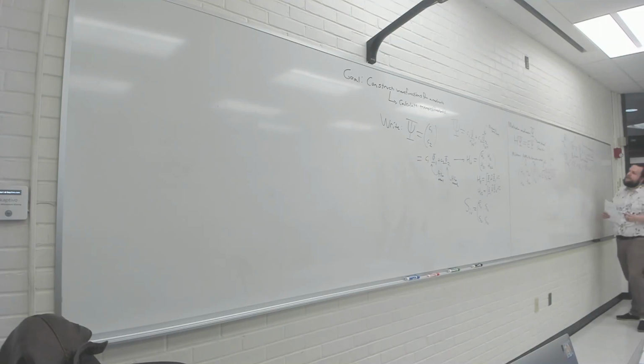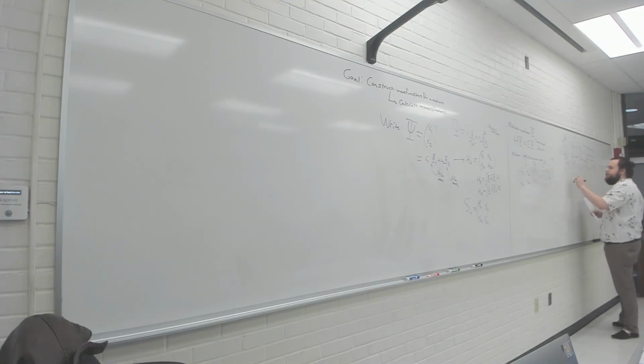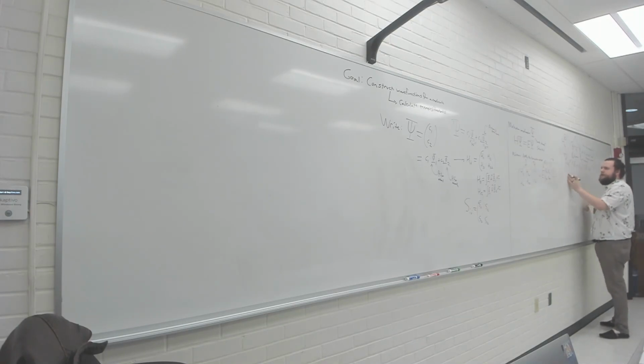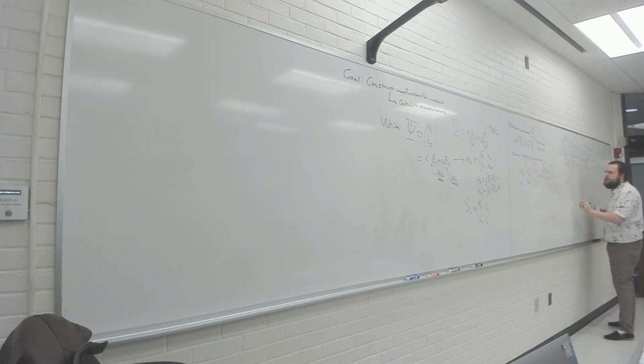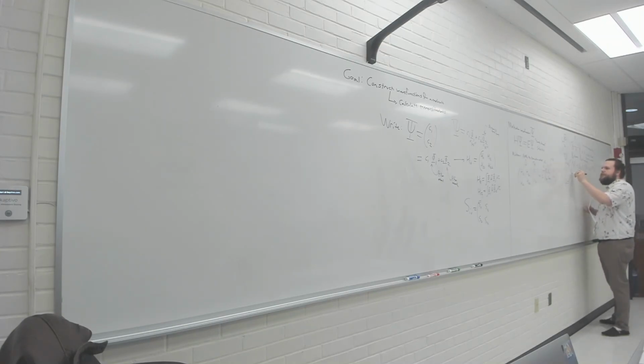So when I write down the Schrodinger equation, I'm going to have the integral of, I'll write it nice and big here. The H matrix is going to be H11, which is the integral of psi 1s, H bar psi 1s, d tau.